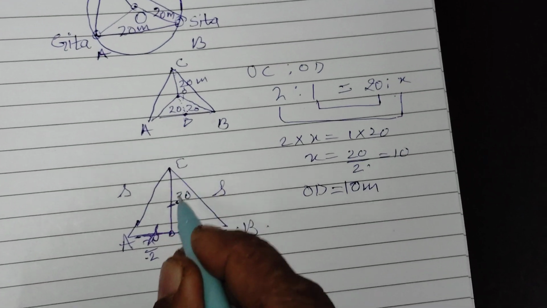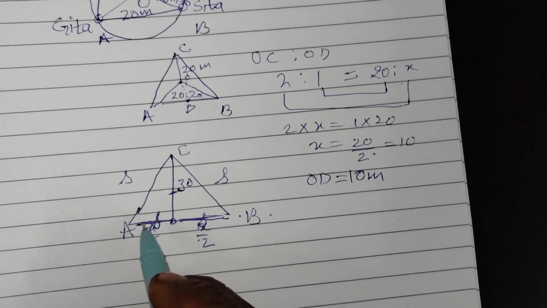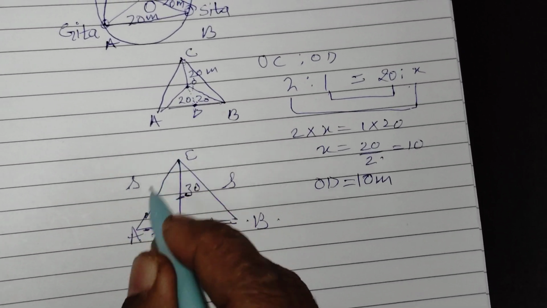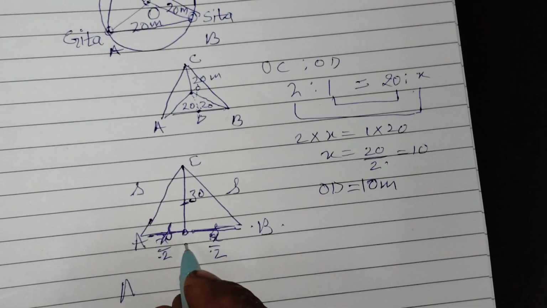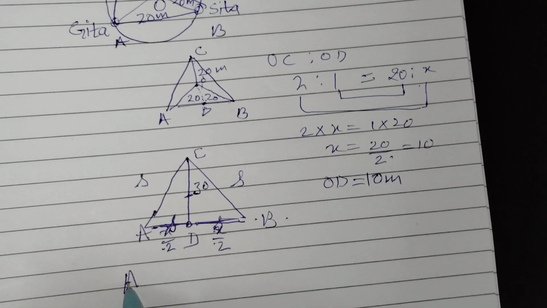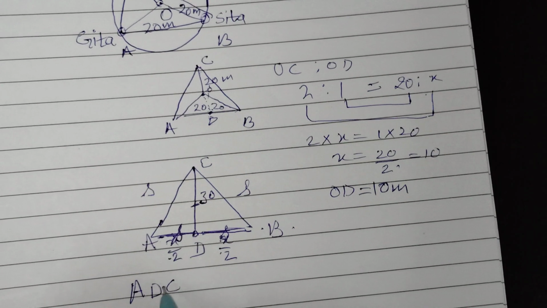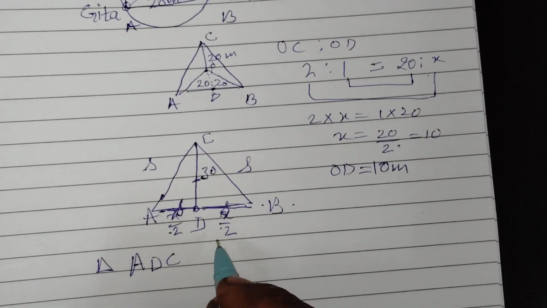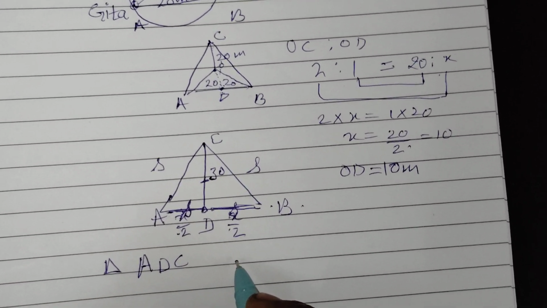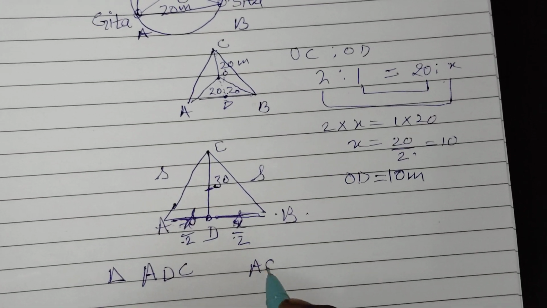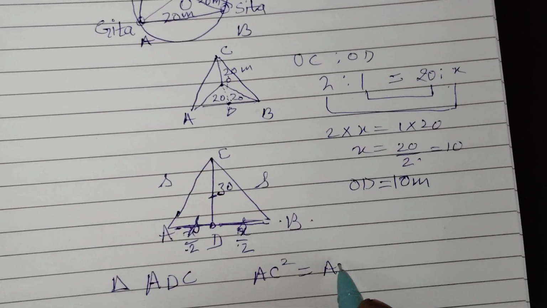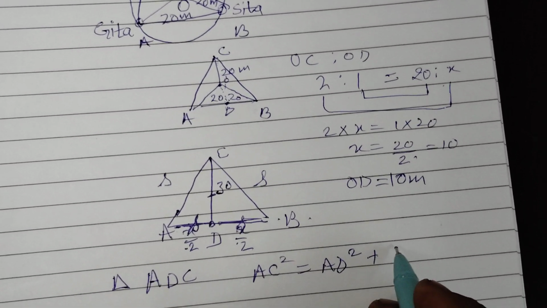So we can find it using the Pythagoras theorem. This time we are considering triangle ADC. In triangle ADC we use the Pythagoras theorem: AC square equals AD square plus CD square.